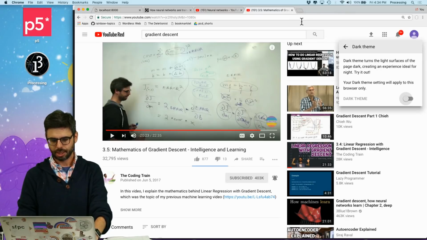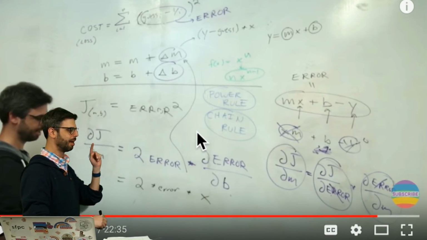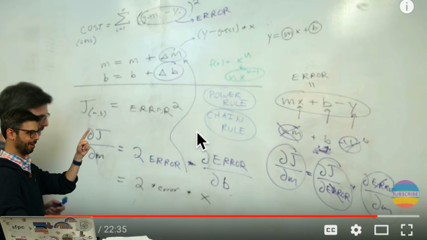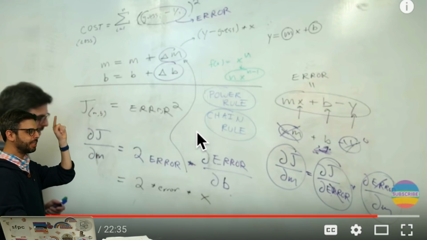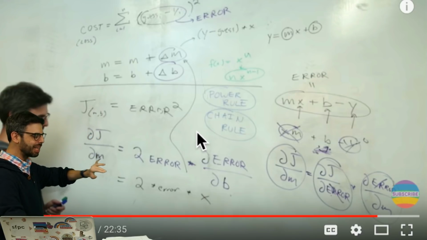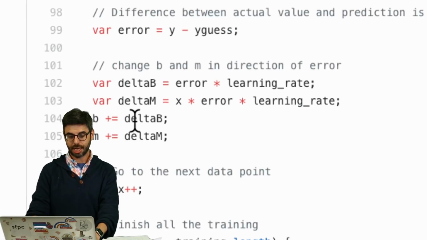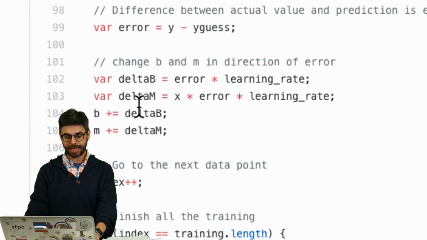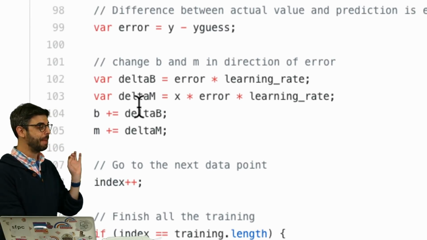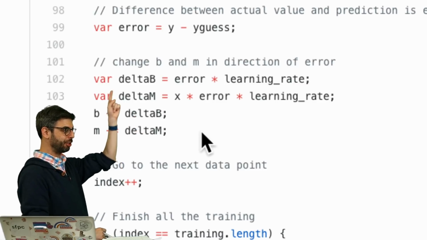And this is where I wanted to connect back to here. This is from my previous video entitled The Mathematics of Gradient Descent, where I go through a long algorithm to arrive at a very simple result, which is, in this case of y equals mx plus b, that what I'm looking to do is calculate the change in m and the change in b.